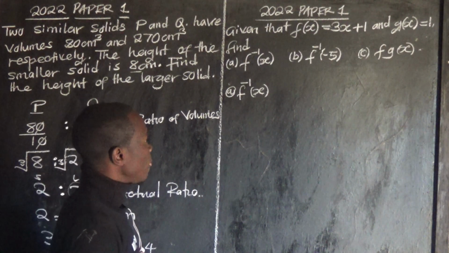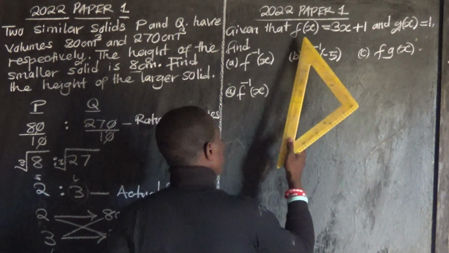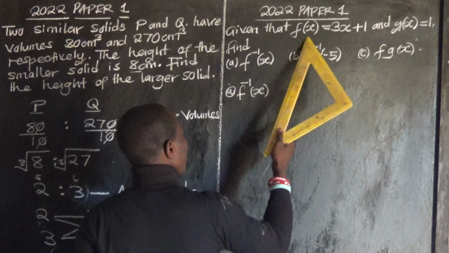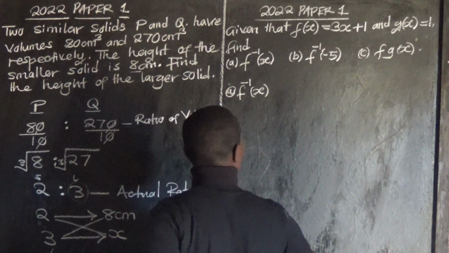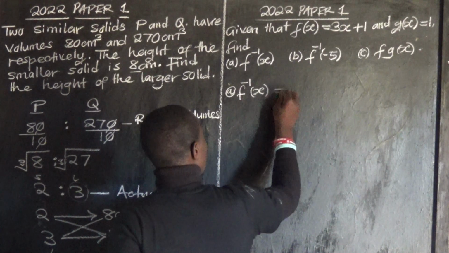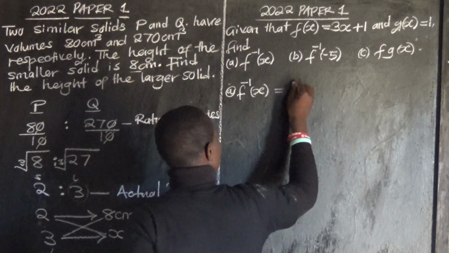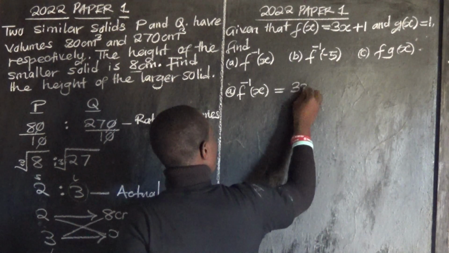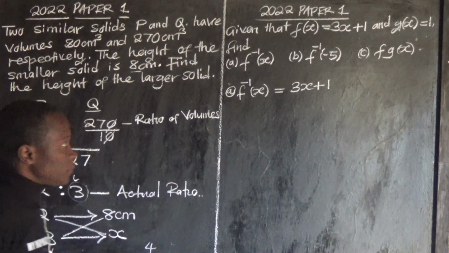Are we together, people? Since we have been given the function f of x is equal to 3x plus 1, what we are going to do first is equate this to f of x. So f of x is 3x plus 1.